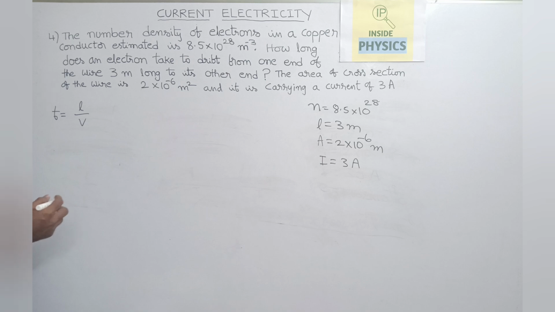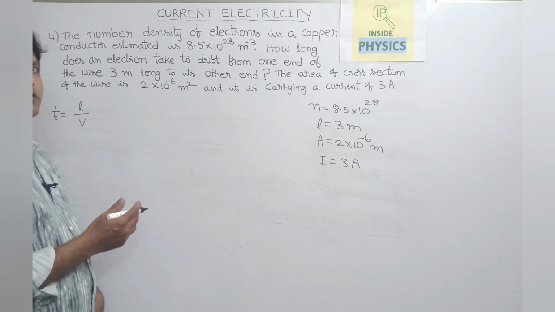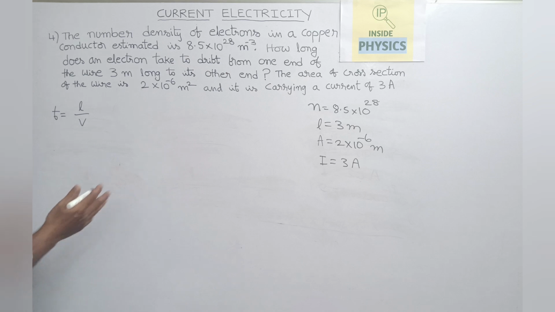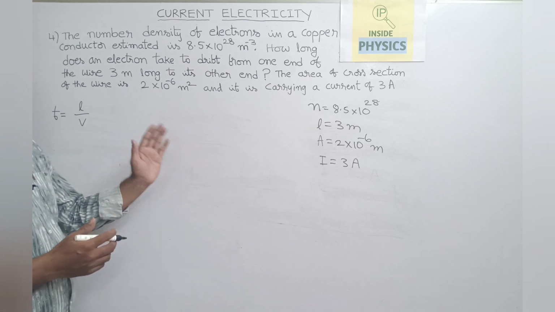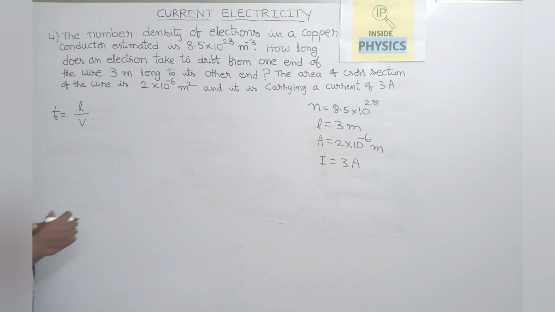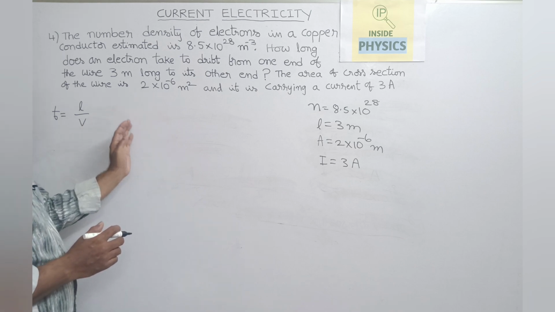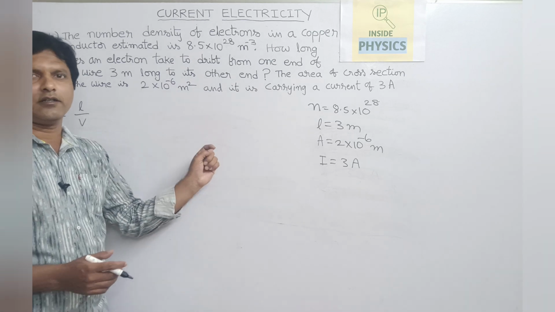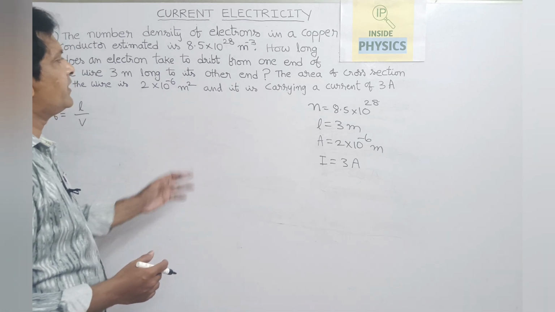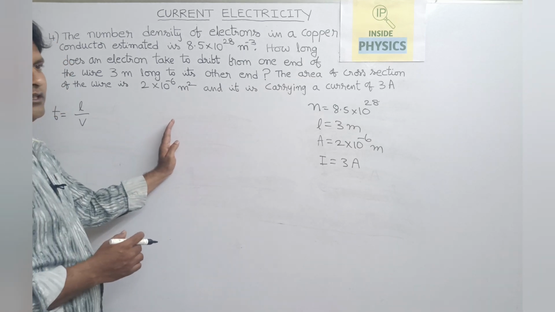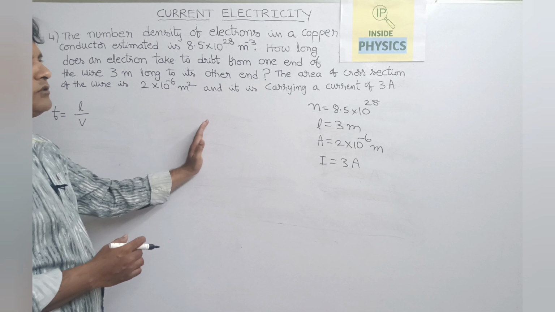So electron will travel with a velocity called drift velocity across a conductor where there is a potential difference. Drift velocity is a constant velocity with which the electron will move. When an electron is moving across a conductor, it will collide with the atoms or ions present in the material, and actually the acceleration of the electron is nullified because of the collisions.